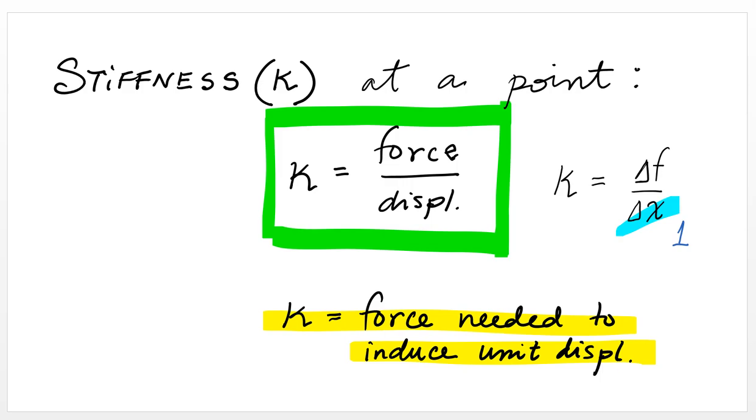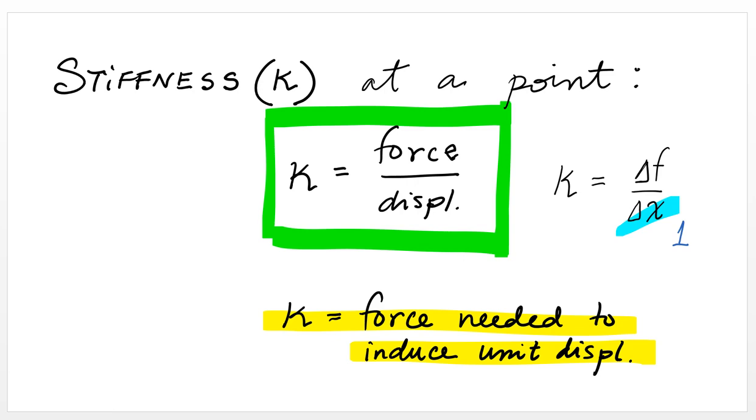You can also think about it in terms of increment. So stiffness is the ratio of the increment in force divided by the increment in displacement. If you make that increment in displacement equal to 1 unit, then the stiffness is the increment in force needed to create a unit increment in displacement.